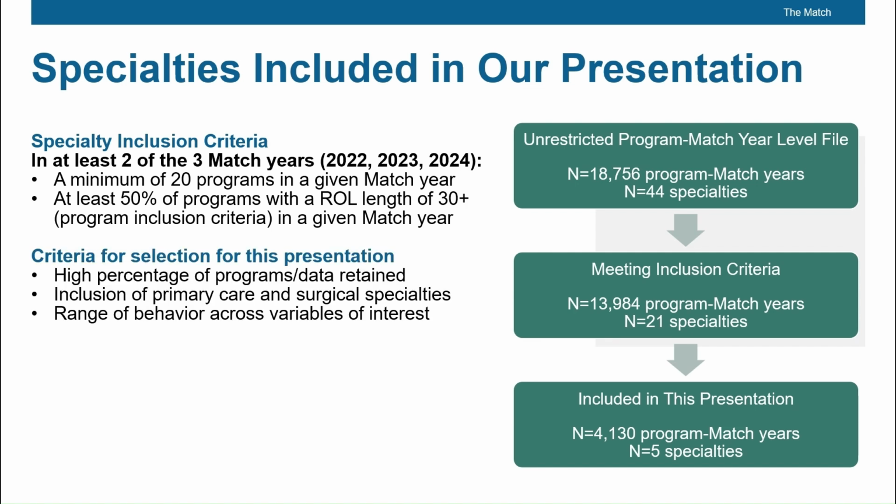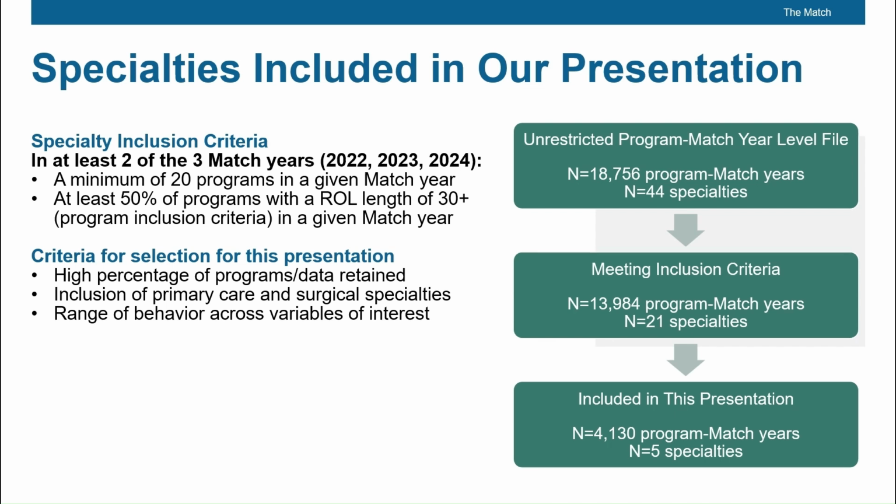While data on all 21 of those specialties is forthcoming, given our limited time with you today, we narrowed our focus to 5 specialties. And they were really based on the following criteria. First was a high percentage of programs and data retained. Second was an inclusion of a variety of specialties, including both primary care and surgical.